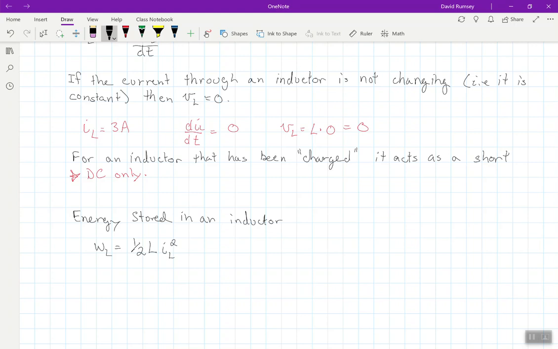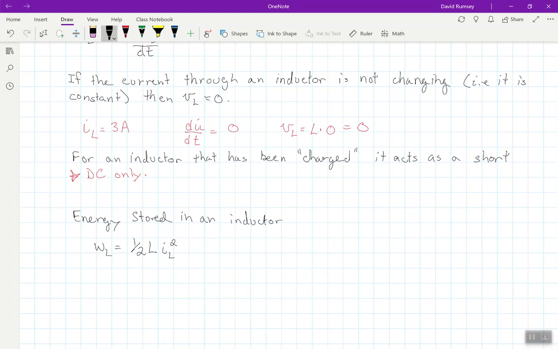It is 1/2 the inductance times the current squared. So remember, for the capacitor it's 1/2 capacitance times the voltage squared, whereas for an inductor it's 1/2 L times I_L squared. So a very similar formula, it's just that we're using current now instead of voltage.